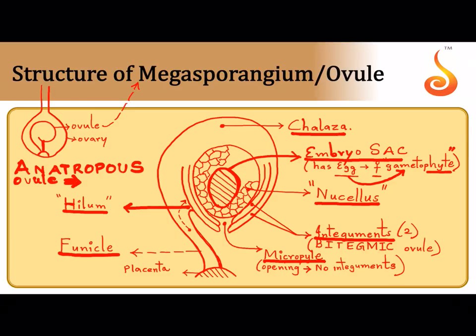An anatropous ovule is an ovule which is bent on itself. See how it is bent over here. When you draw, you can see the stalk, and then it bends like this, and the micropyle is present on the lower side. Such an ovule which is bent on itself is referred to as the anatropous ovule.